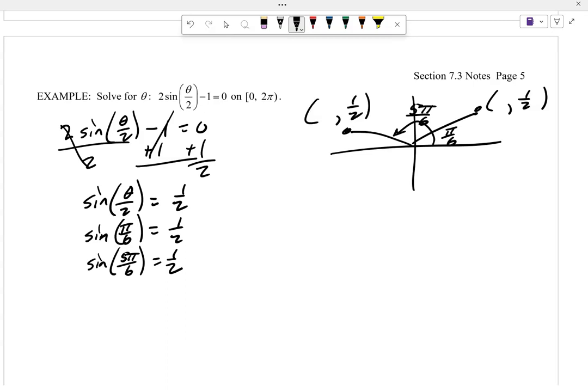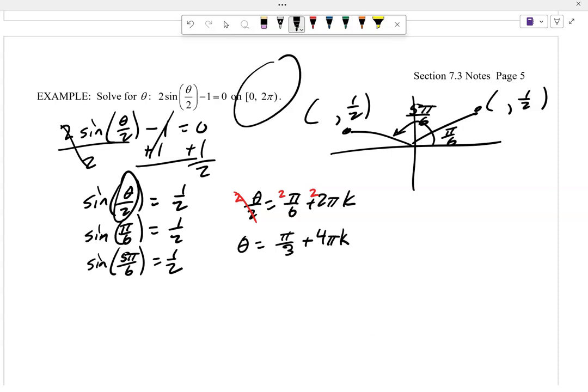And so θ/2 could be π/6 plus any 2πk. And now this time we're going to multiply by 2. And so θ would be 2π/6, which is π/3, plus 4πk. Again, everything's got to be between 0 and 2π. So let k be 0 and that gives us π/3.